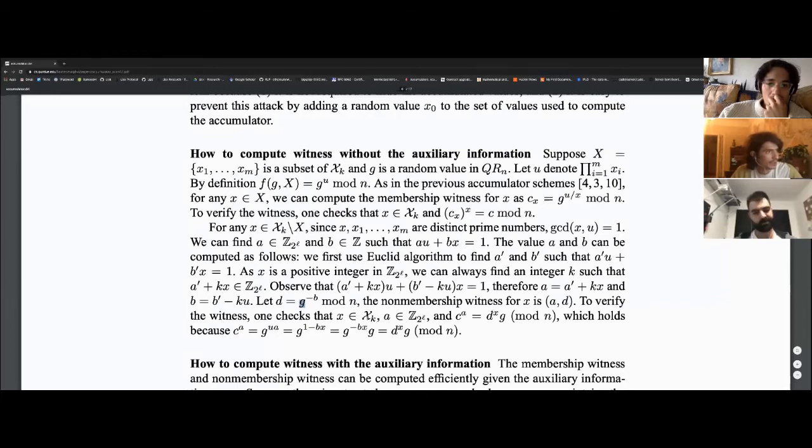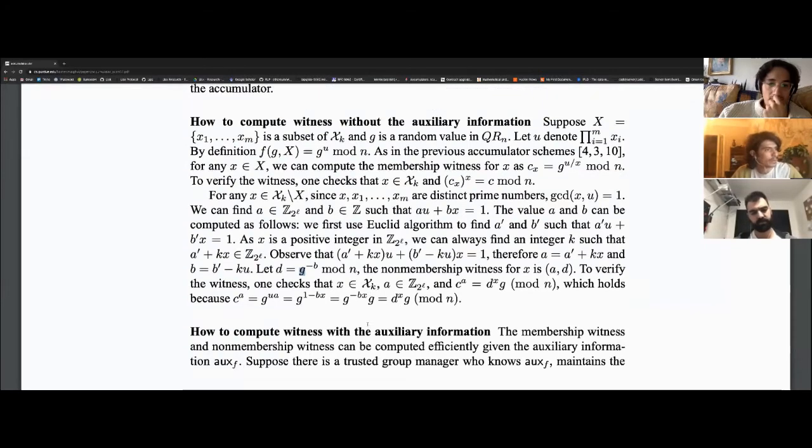And by definition of D, this is D to the X times G mod N. Okay. So if this equation holds, then you know that X was not part of the original data set. And the witness in this case is going to be the exponent A and the basis D.